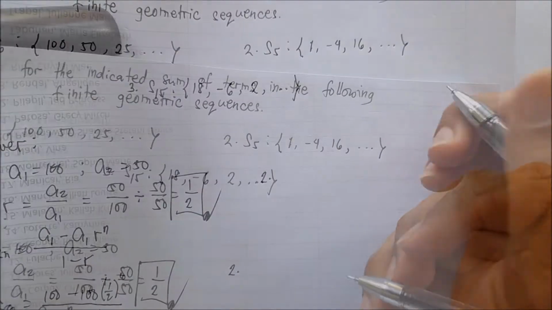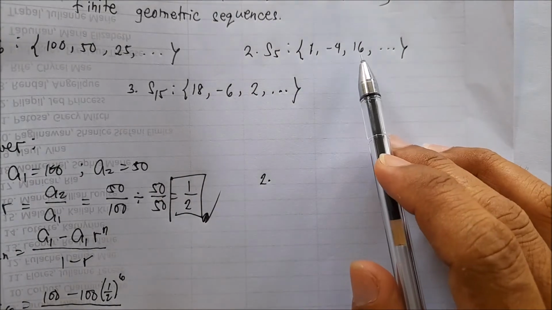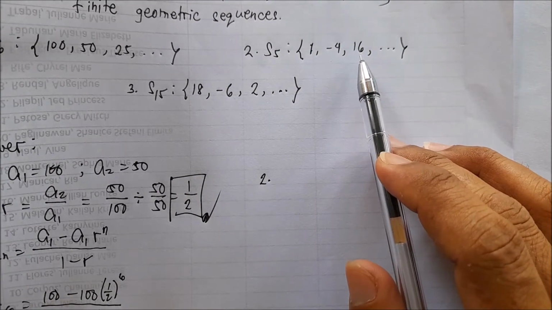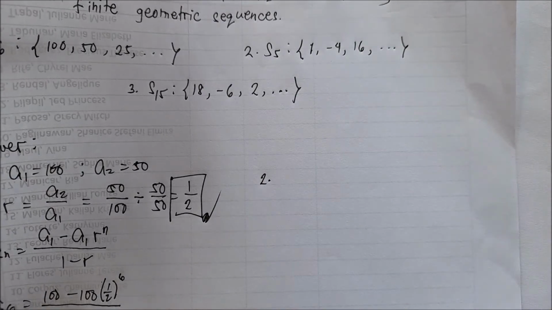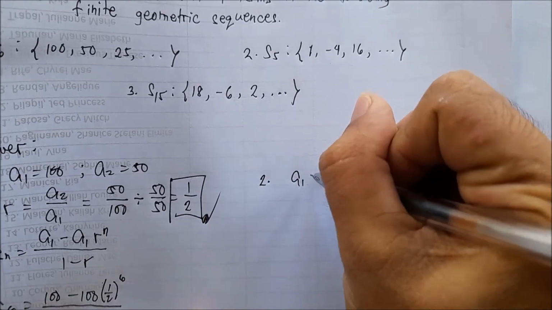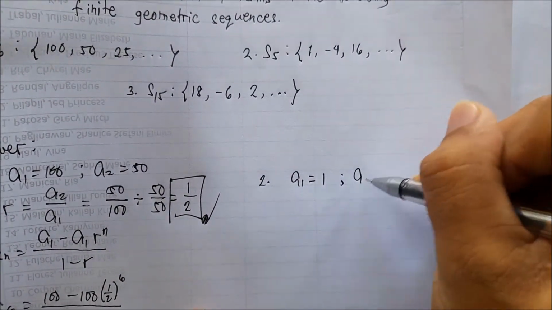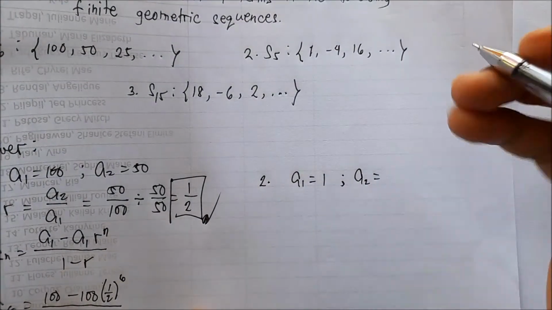The question number 2 is the sequence 1, negative 4, and positive 16. First, find the value of a sub 1 equals 1, a sub 2 equals negative 4.